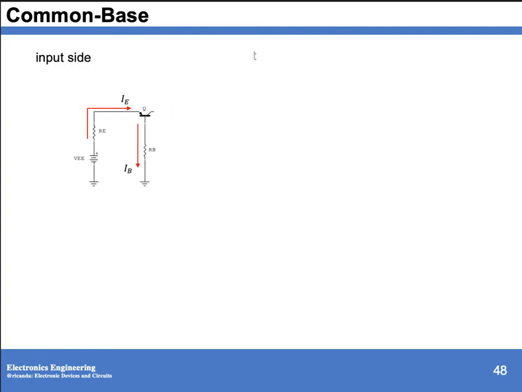At the input side, applying KVL, we have VEE minus RE IE minus voltage base-emitter minus RB IB. Since IB equals (1 minus alpha) IE, we substitute that into the equation.